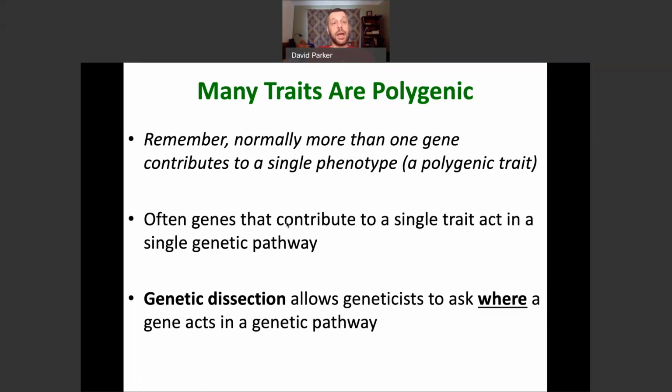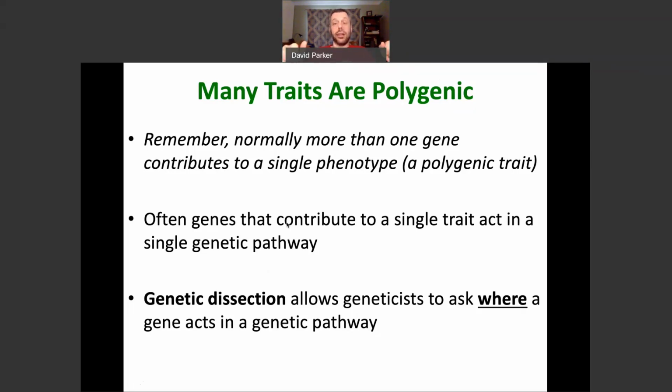And that's because oftentimes to produce a phenotype or a trait, you need to do something complicated in the cell. And oftentimes there's some kind of genetic pathway that is required to produce a phenotype. And what genetic dissection allows you to do is figure out where a gene acts in the genetic pathway.